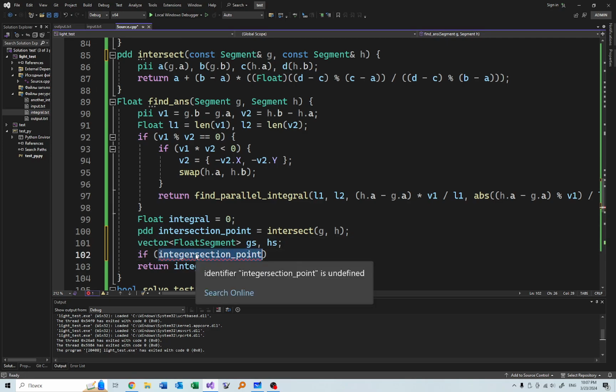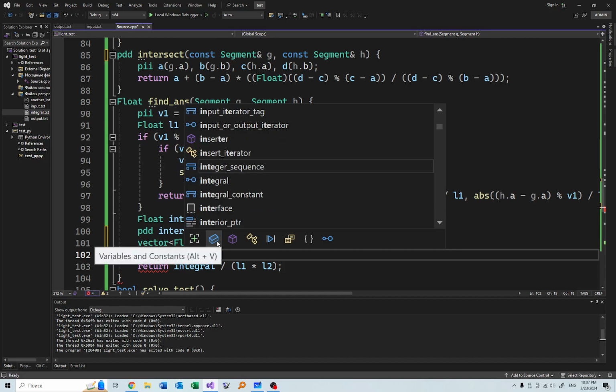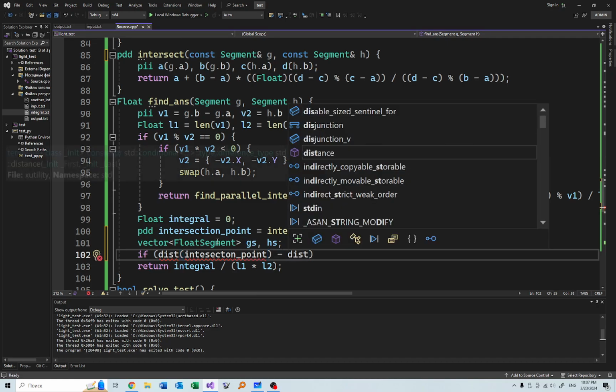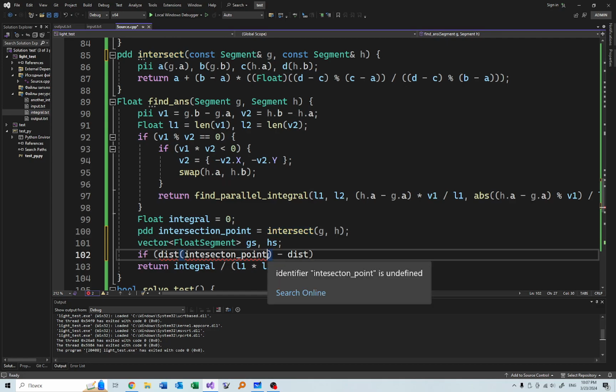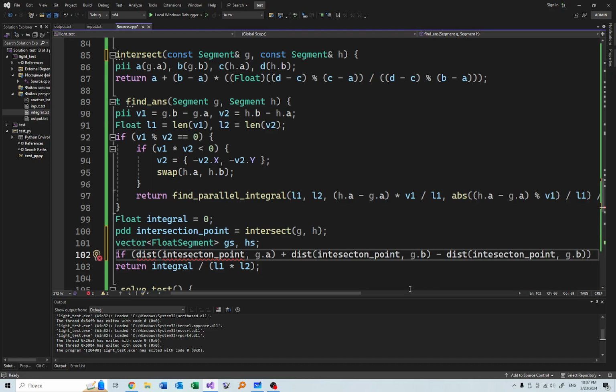And if the distance between intersection point and GA plus the same distance for GB minus the distance between GA and GB, which is simply L1.